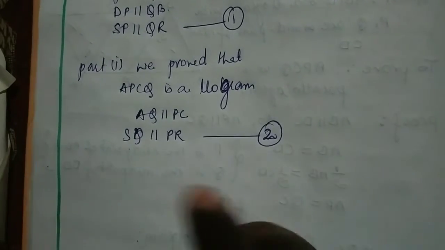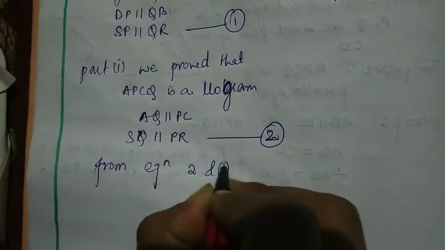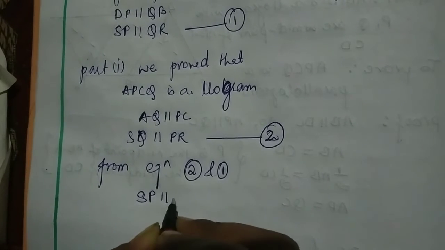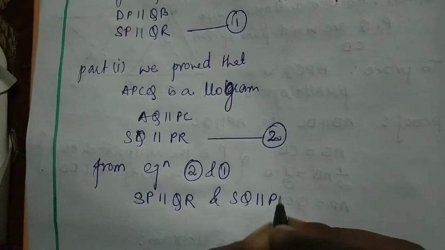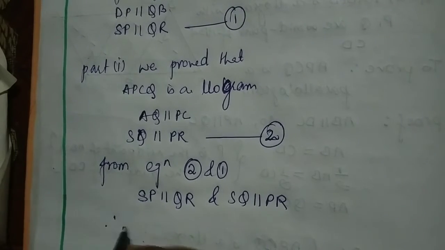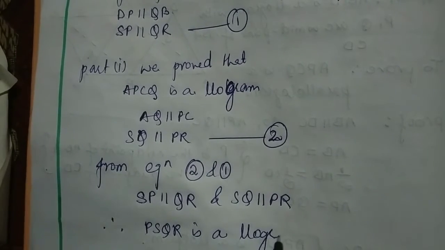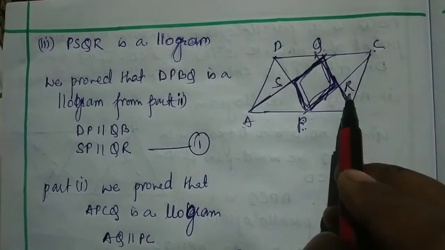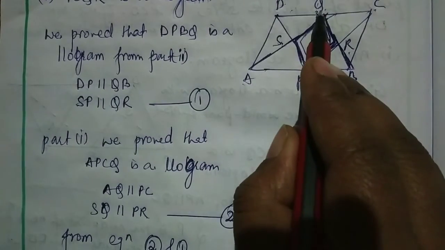From equations 2 and 1, we find that SP is parallel to QR and SQ is parallel to PR. Therefore, PSQR is a parallelogram.